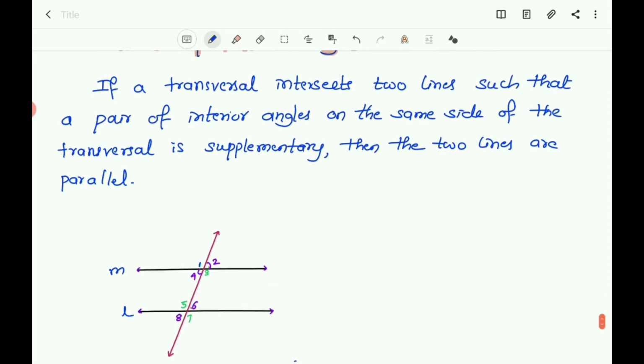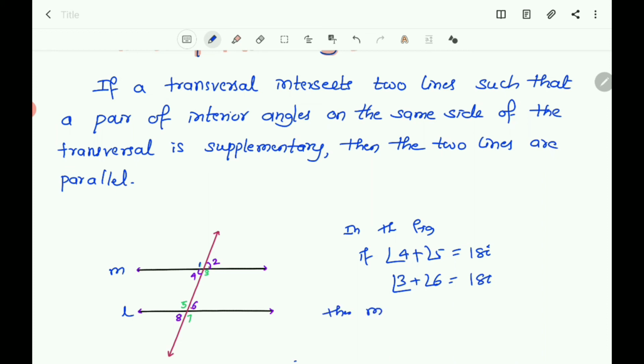Here in the figure, if angle 4 plus angle 5 is equal to 180 degrees, and also angle 3 plus angle 6 is equal to 180 degrees, then the line M is parallel to L. That is, if the interior angles on the same side of the transversal are supplementary, then those two lines are parallel to each other.